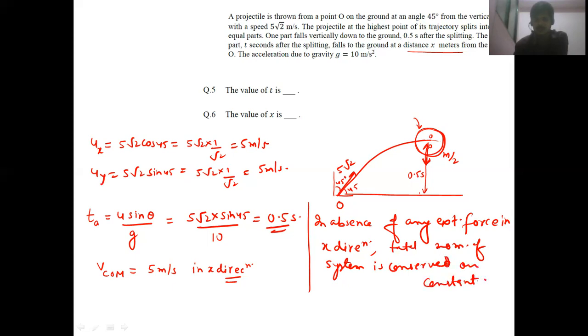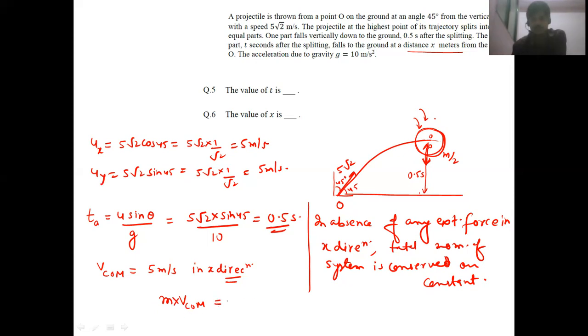So for this position, I can write that m into Vx, which will be 5 meters per second, the velocity of center of mass.